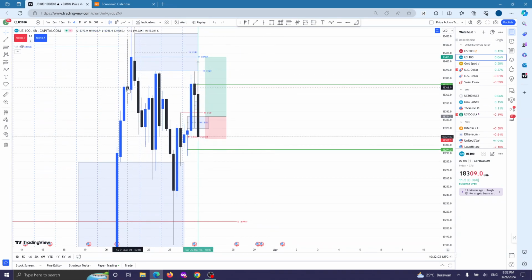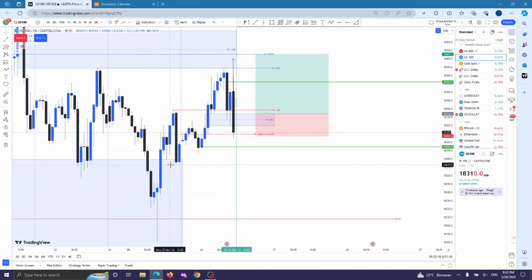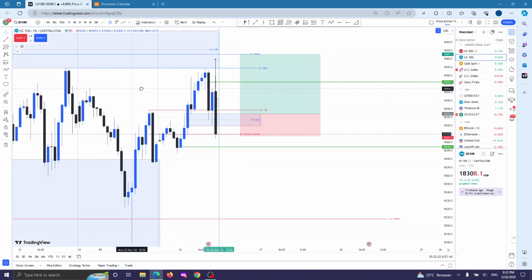Price was at the 4-hour breaker and now it's trading inside this 4-hour OB, aka the 1 hour breaker.